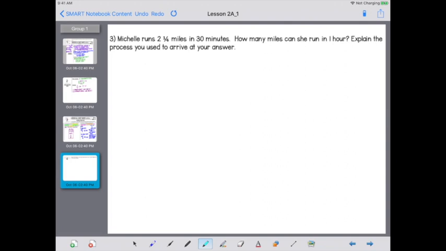How many miles can she run in an hour? Explain the process you used to arrive at your answer. So what I'm going to do is I know that Michelle is running 2.25 miles in 30 minutes. We're going to be comparing it with ratios to a certain amount of miles ran in an hour. So in 1 hour, that's 60 minutes.